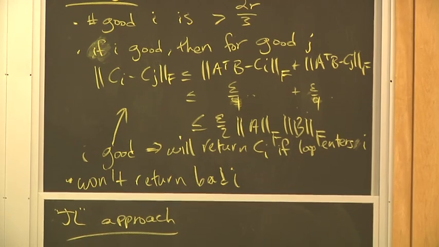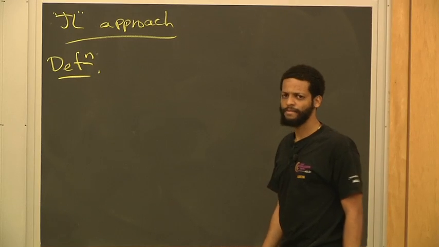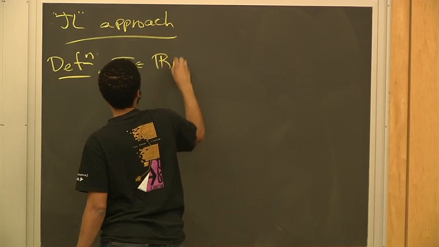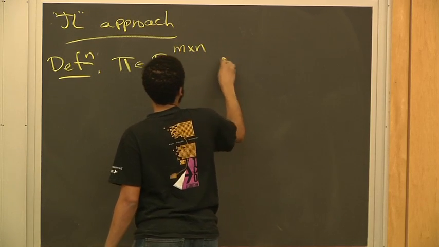Okay, let me first give a definition. Let's say pi is an m by n matrix.